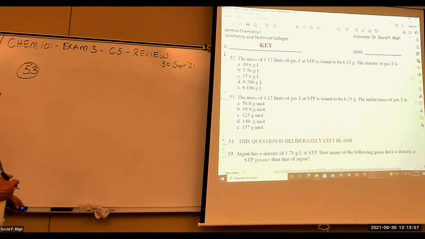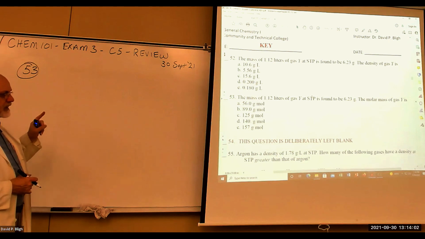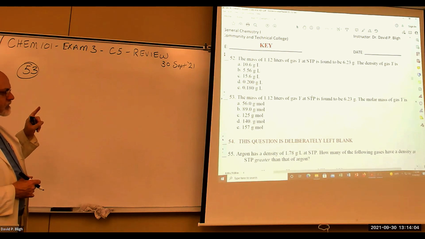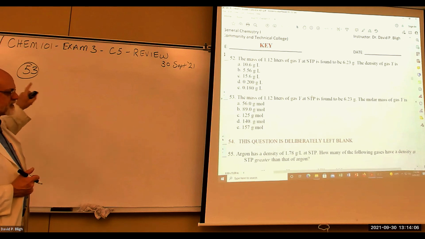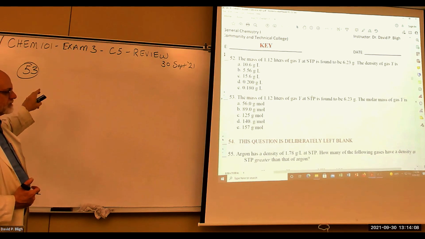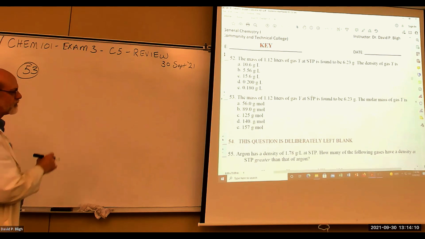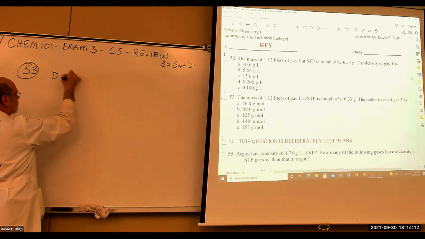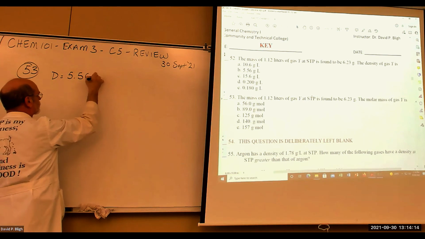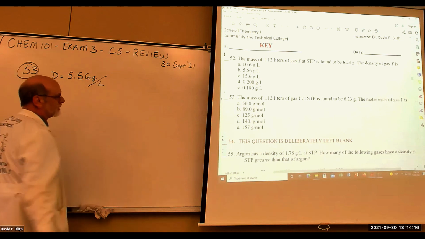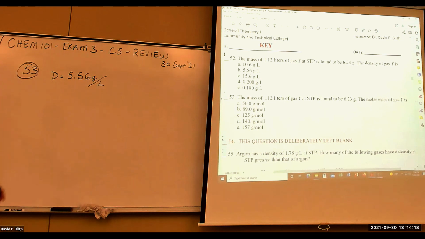This one requires a little more work. So the mass is, we've already determined the density of the gas, right? Maybe we can use that, 5.56 grams per liter. We may not need it.